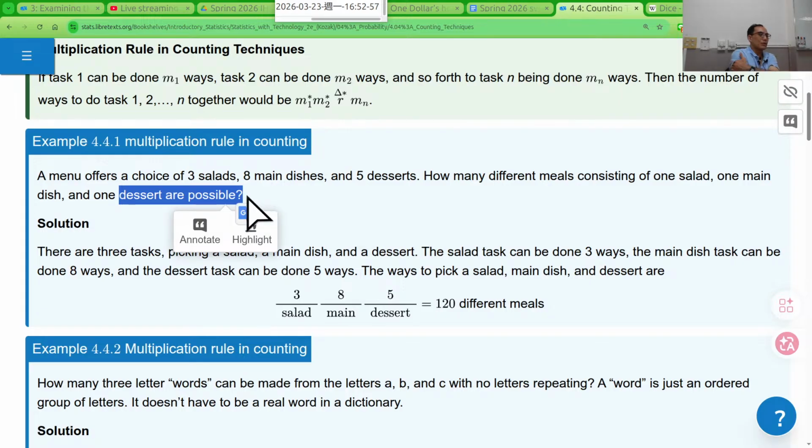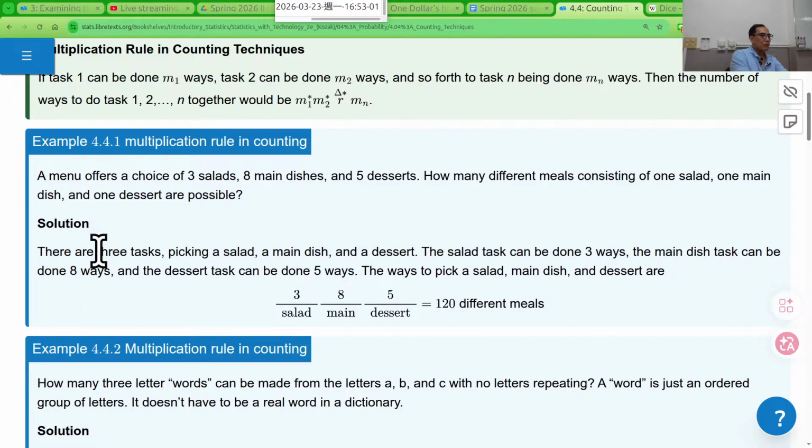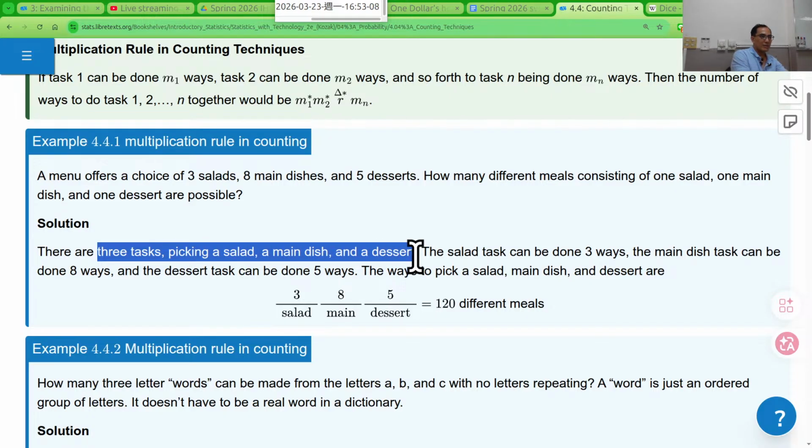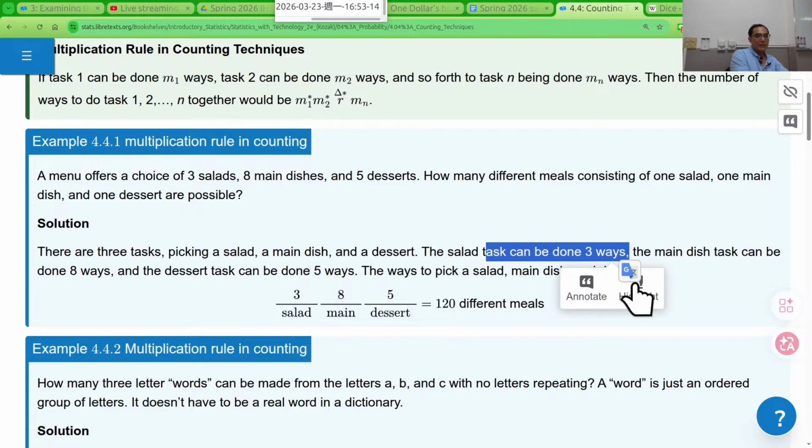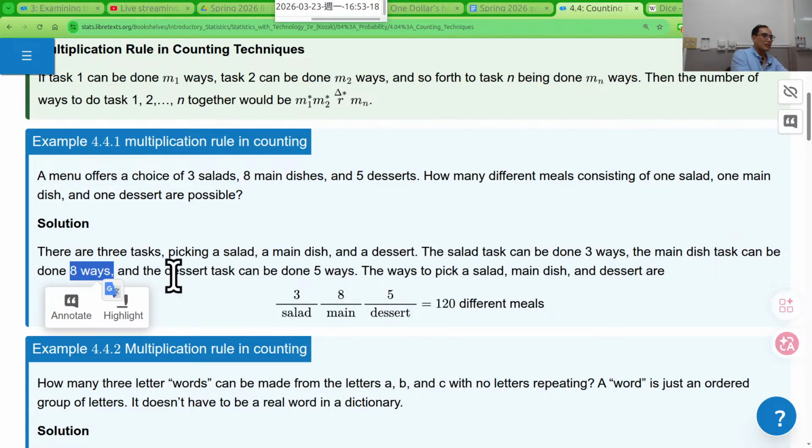It's a kind of calculation of the combination. Solution: there are 3 tasks: pick a salad, a main dish, and a dessert. The salad task can be done in 3 ways, the main dish in 8 ways, and the dessert task in 5 ways.